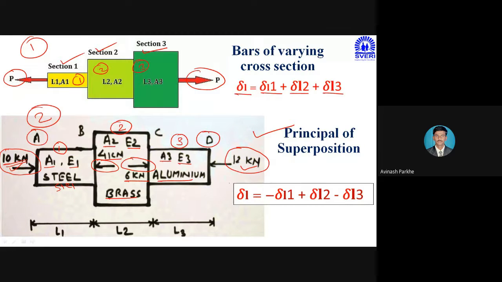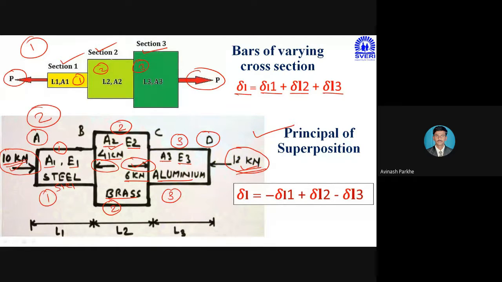It is not possible to take this 12 kilonewton force for our further calculation, or it is not possible to take this 4 kilonewton or 6 kilonewton force for our further calculation. So in this situation, what we have to do is split up the forces for each section, and calculate the separate load for section number 1, separate load for section number 2, separate load for section number 3, along with their nature.